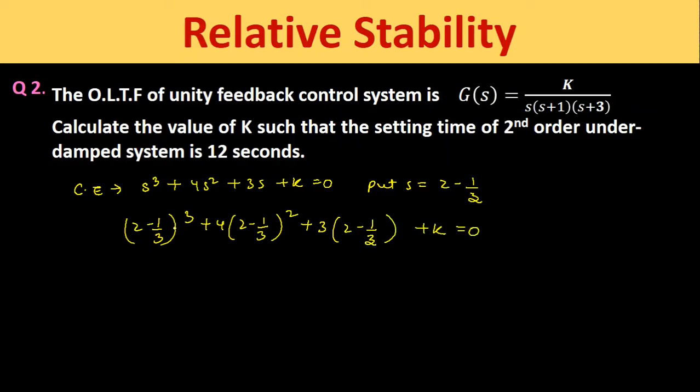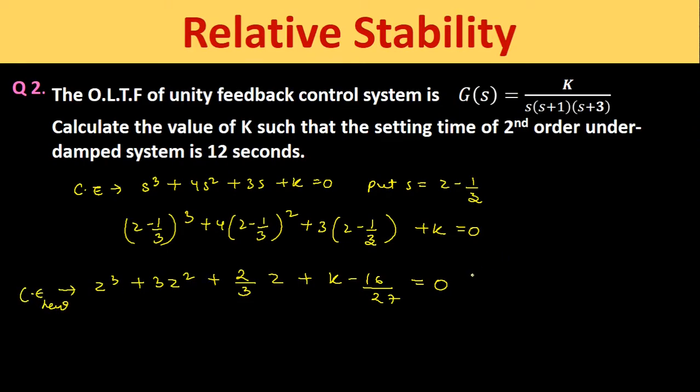When we apply the formulas of (z minus 1 by 3) whole cube and (z minus 1 by 3) whole square and simplify this equation, we will get this type of equation: z cube plus 3z square plus 2 by 3 z plus K minus 16 by 27 is equal to 0. So this is our new characteristic equation.